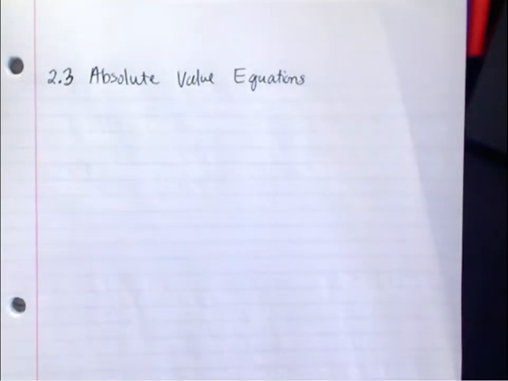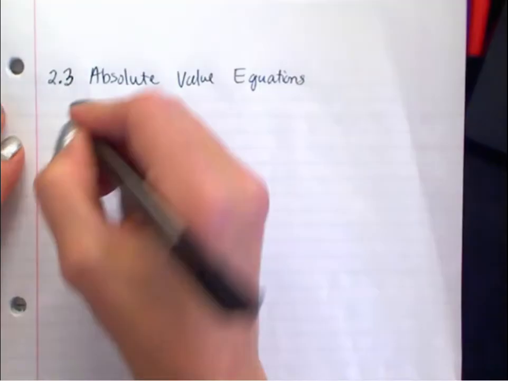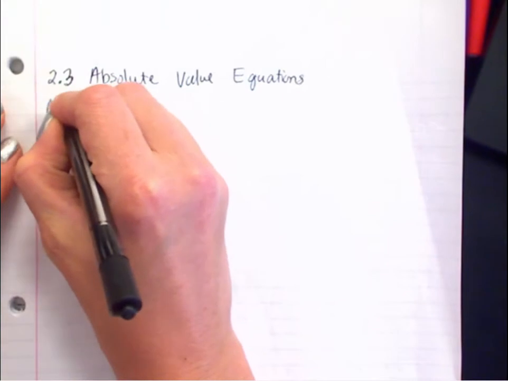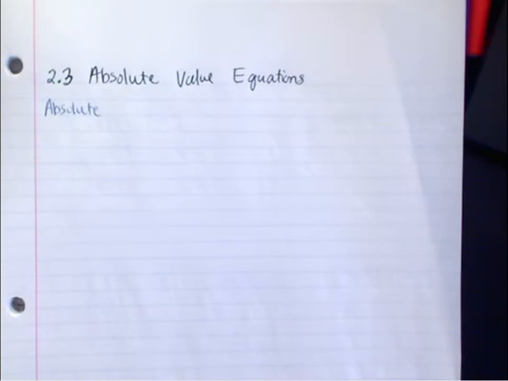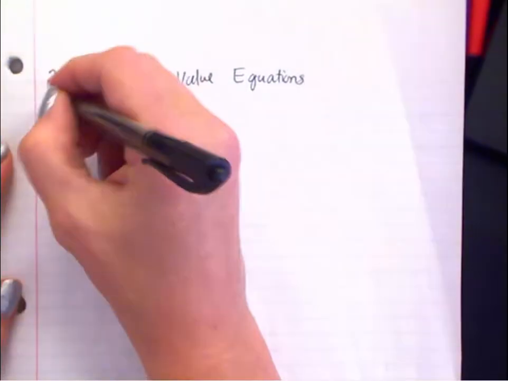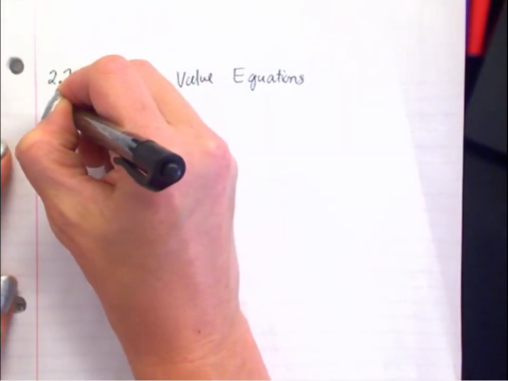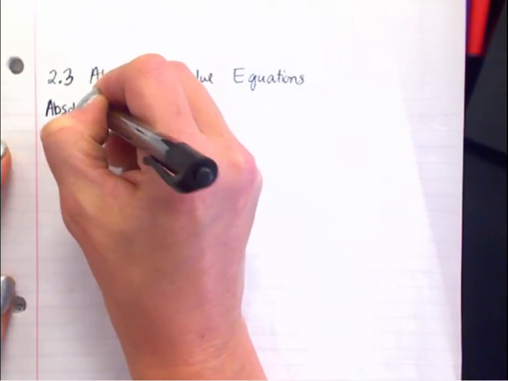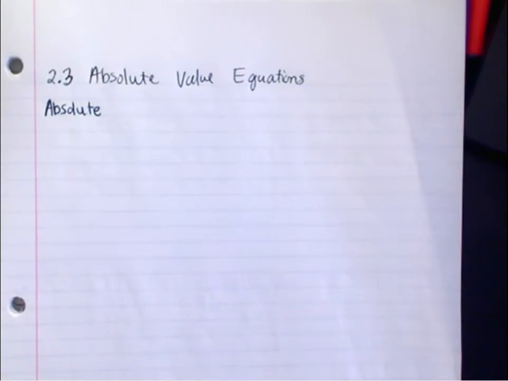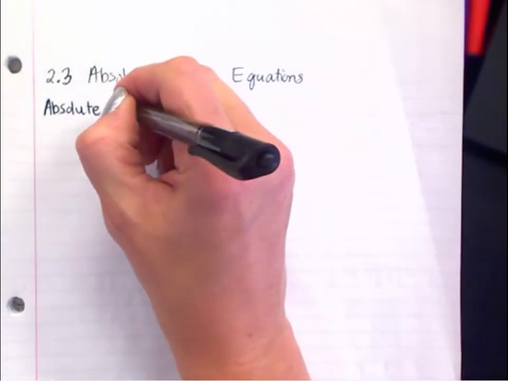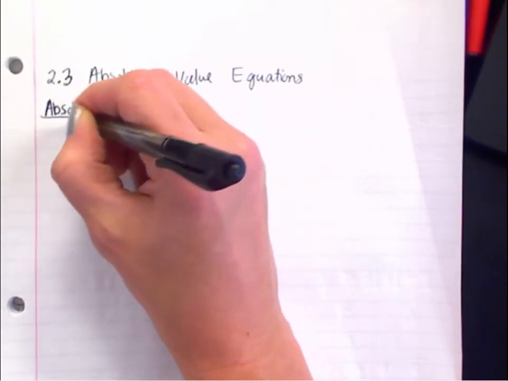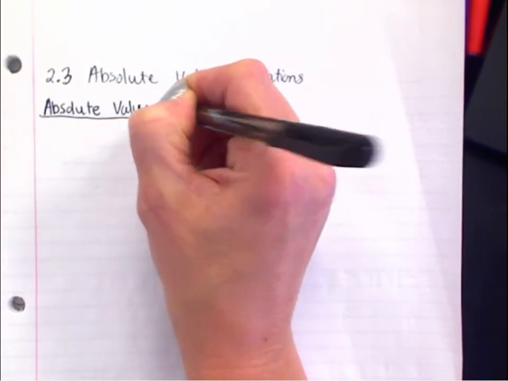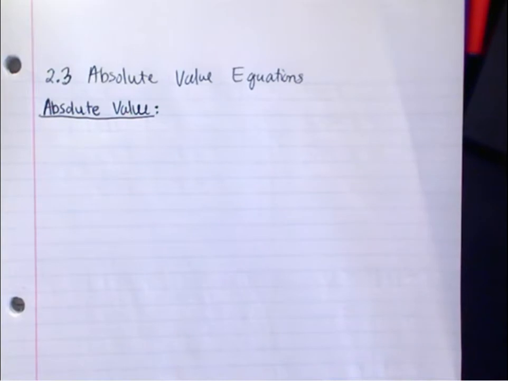Right, here we go. We're going to do a definition of absolute value, which we did graphically, but we're going to move on from two variables, right? We had x and y last class. Today we're just going to deal with x. So absolute value is described as distance from 0.